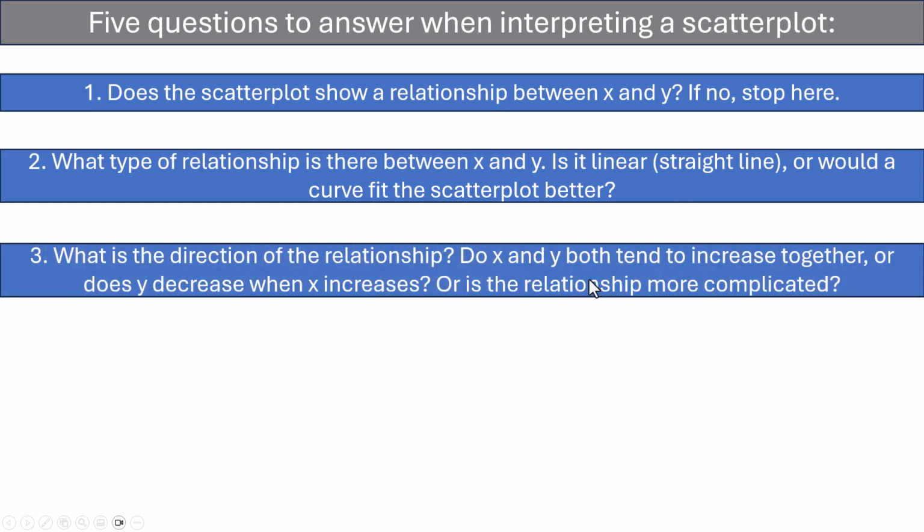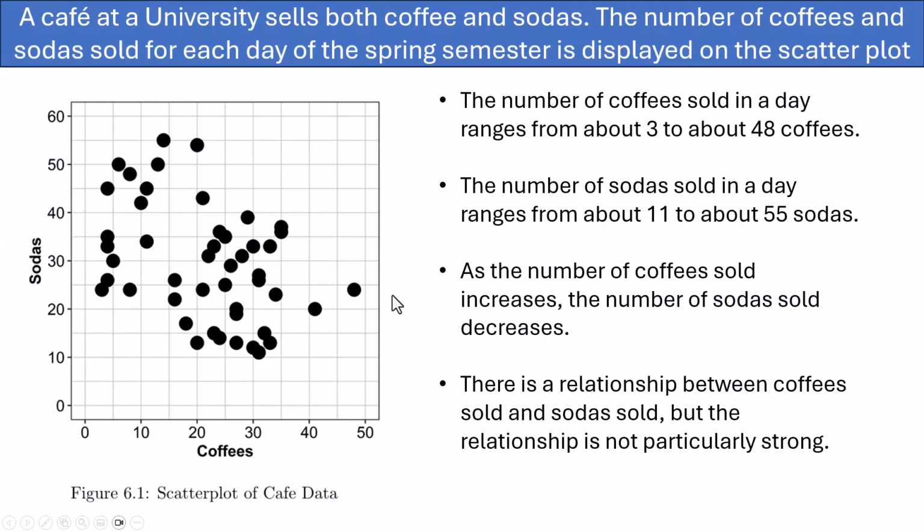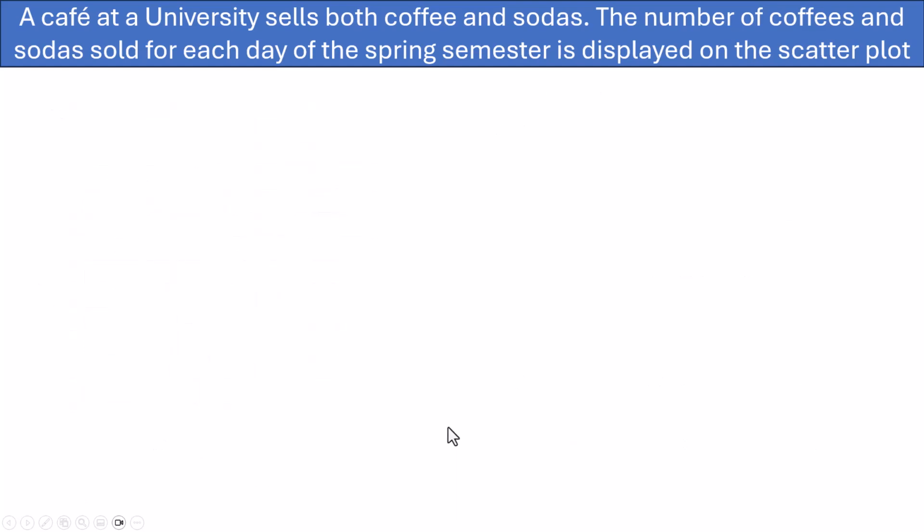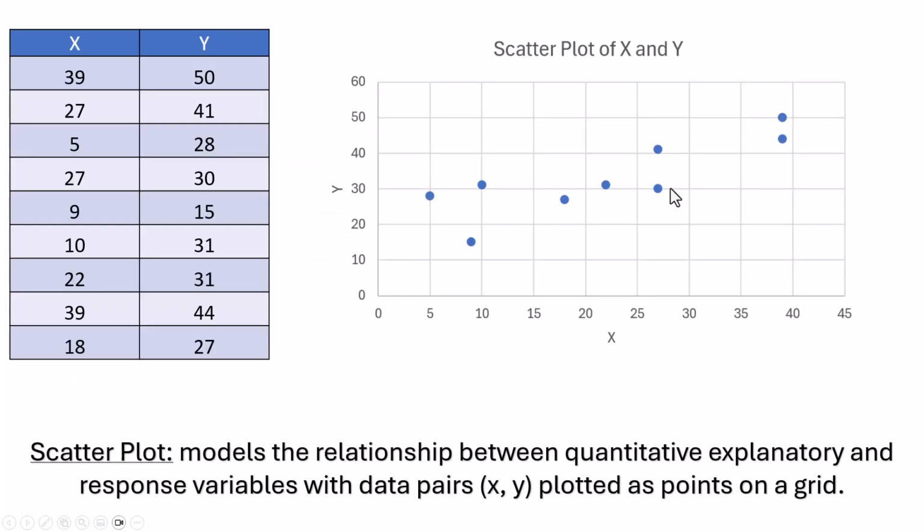We also want to discuss what the direction of the relationship is. So generally, the two types of directions we could have are a positive direction or a negative direction. The easiest way to show that is just based on the scatter plot. So this would be a negative direction, where as one variable increases, the other one tends to decrease. And the one we had on the previous slide was what we call a positive relationship or a positive direction.